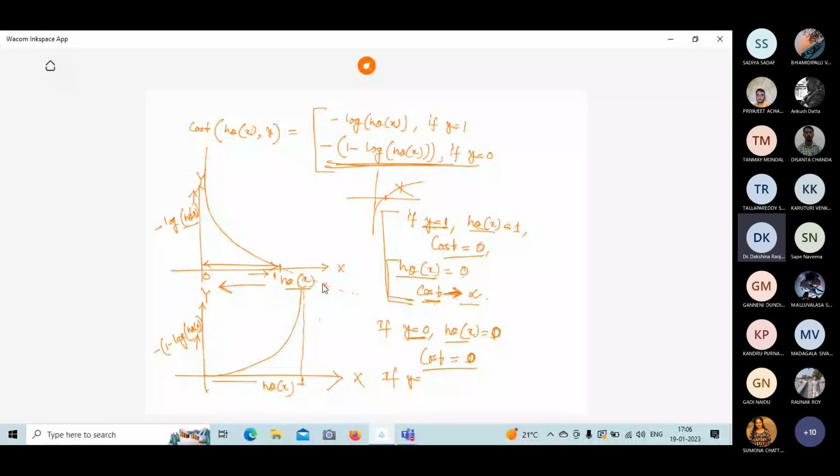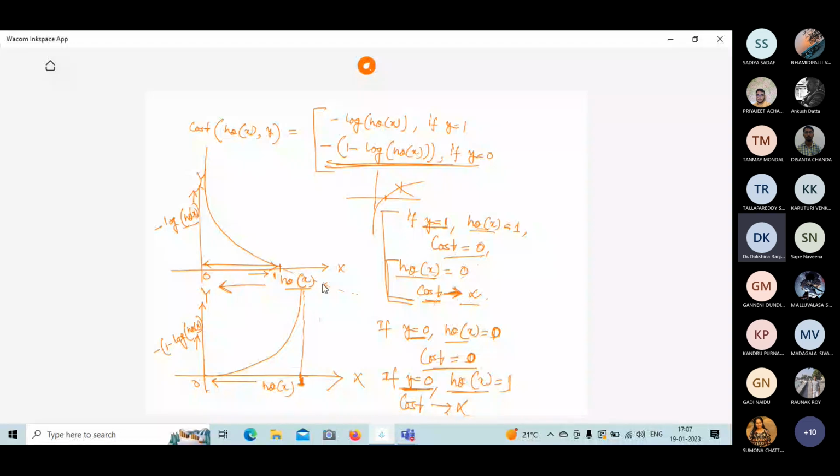And when h theta x is found to be 1, here the class level is benign, but we get the predicted value of the hypothesis as 1. So what will happen? We will get the cost function as infinite. That means the perpendicular line that we draw on the x-axis at this point, this is our 1, at the origin we get 0, and at this distance we get 1.